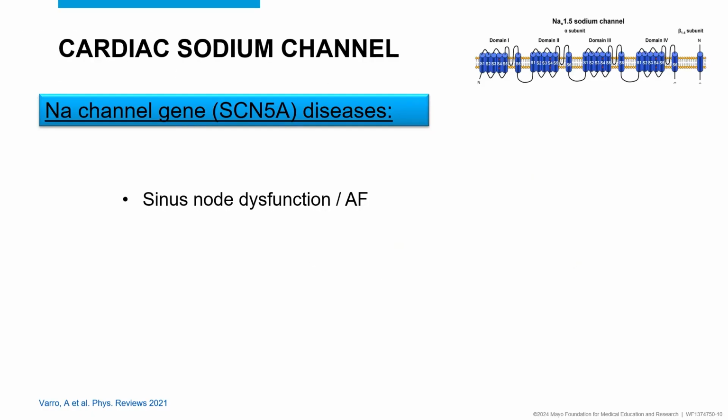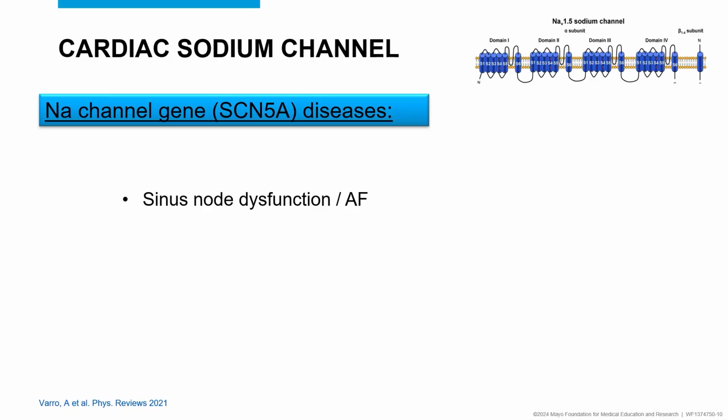And affecting that channel here from a channelopathy point of view, if you had an SCN5A mutation, a sodium channel mutation, if you're unable to move sodium rapidly through that channel functionally, then you're going to slow that initial upstroke for the sinus node, for atrial tissue. And so if that's sinus node, that's going to be sinus node dysfunction. And so some of these patients will end up with sinus node dysfunction based on a loss of function in that channel.